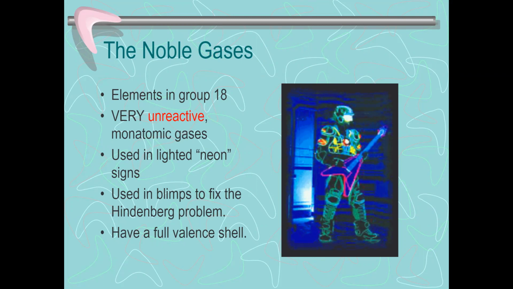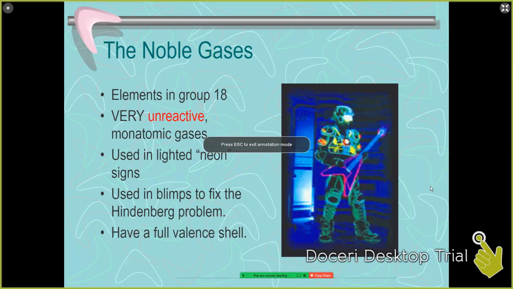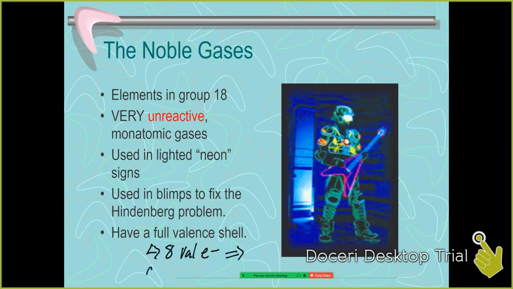On this periodic table in our classroom, everything that is red is a gas at room temperature, so all noble gases are red. They have a full valence, which is 8 valence electrons, called an octet. And that's what makes them so stable.